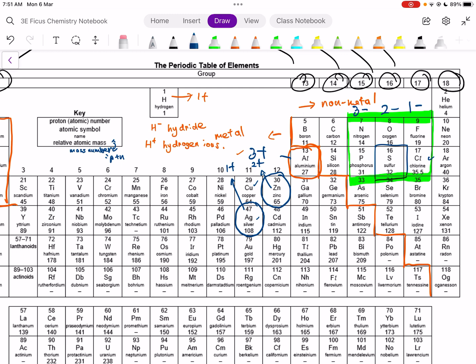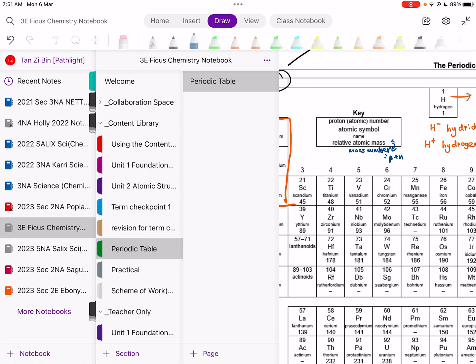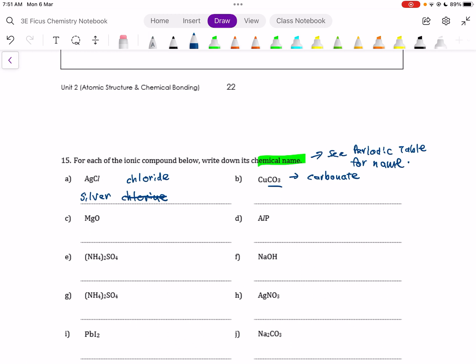It's actually 2 plus the charge. Because CO3 is 2 minus, the copper to balance off the charge is 2 plus. So we call this copper(II) carbonate. I will normally put this for transition metals, to tell people the charge.